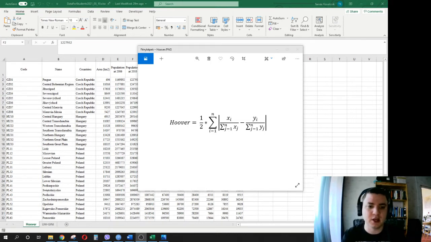For example, if you use the absolute number of population and area and compare these two variables, you can call it the Hoover index of the population density, because population density is the division of these two variables.